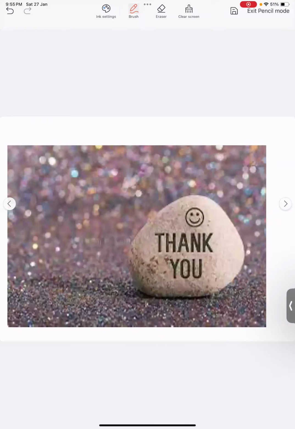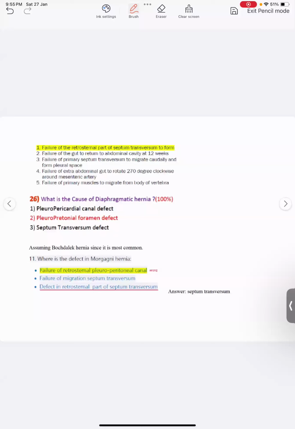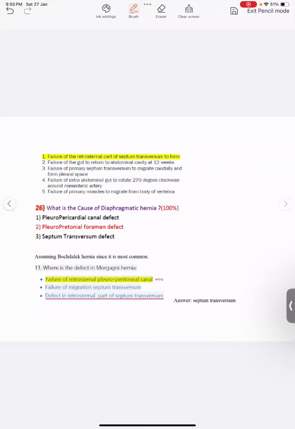Right. These were all questions about your nutrition. Basically, we have done the clinical cases of nutrition and GIT together. This was the case about your diaphragmatic hernia, right?